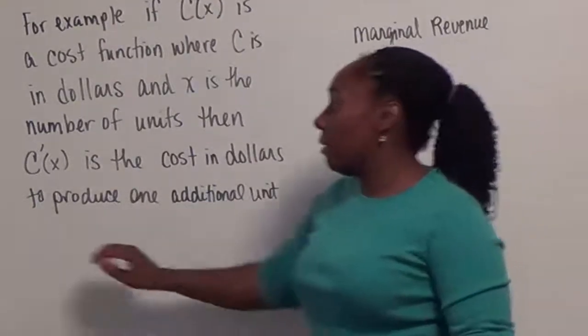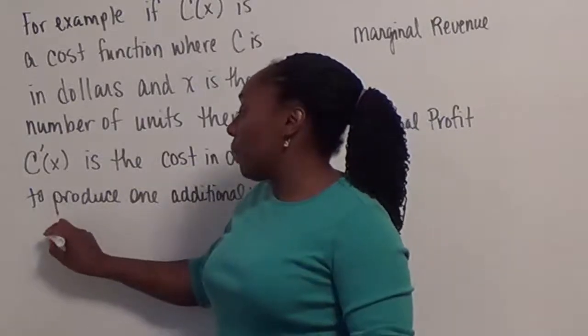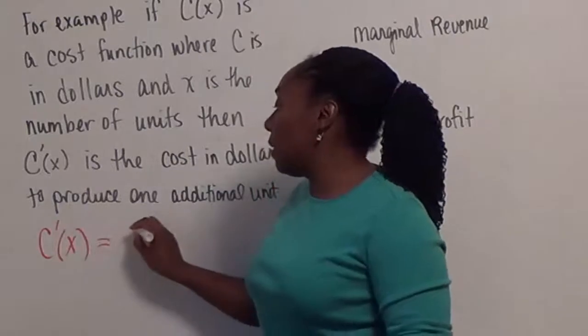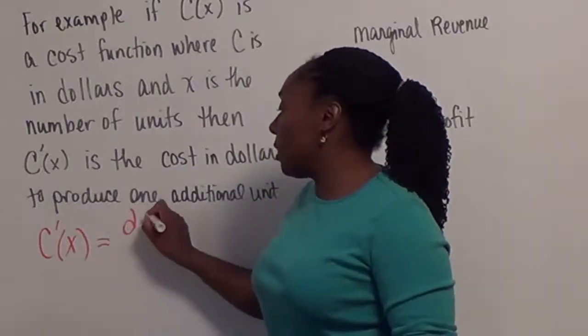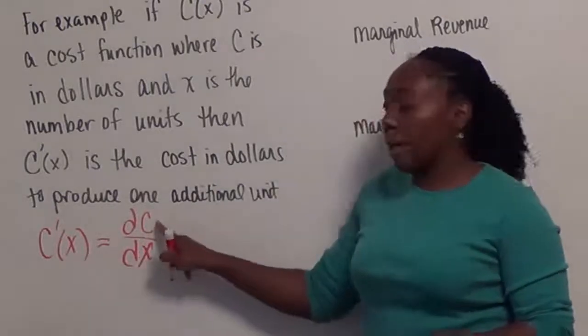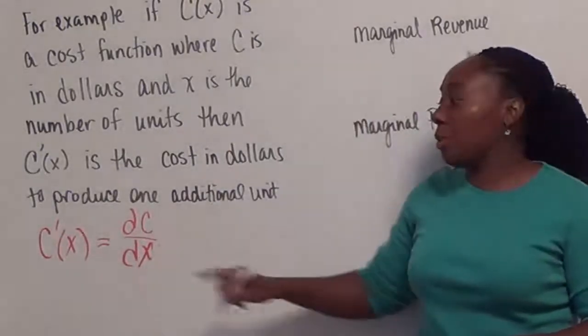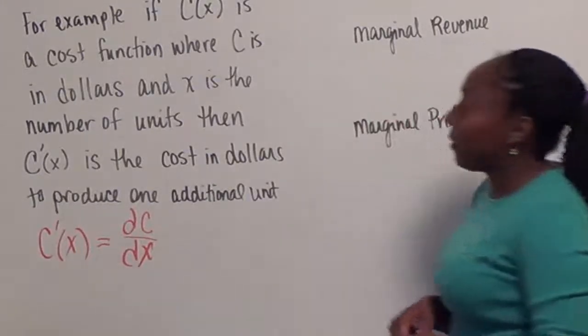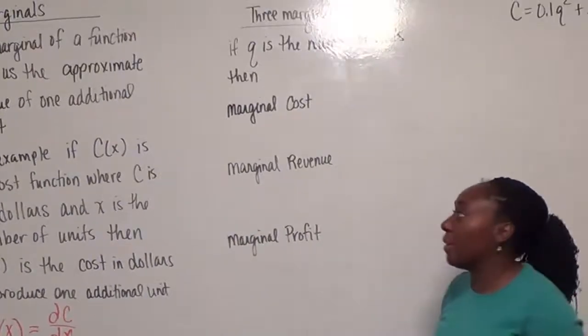And here again, I want to point out c prime of x is the same as what we saw in the last section, dc dx, which means it's the rate the cost is changing with respect to the number of units. Okay? This is a particular type of derivative.